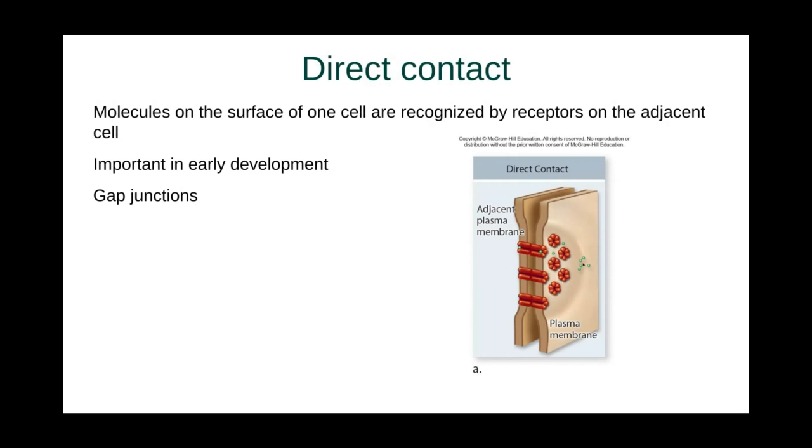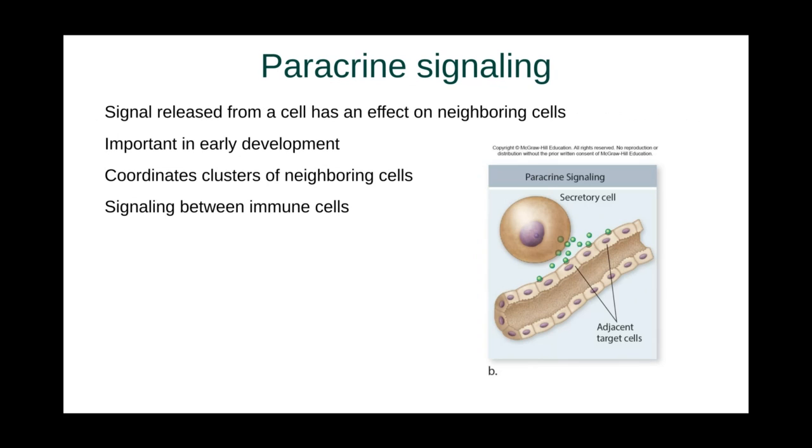These are basically channels that allow passage of these messages straight through the membranes, straight from one cell to the next. These are also pretty important in early development. A lot of your early developmental cells, as you're going from a single cell to multicellular, have tons and tons of these signaling pores to send things directly between your cells.